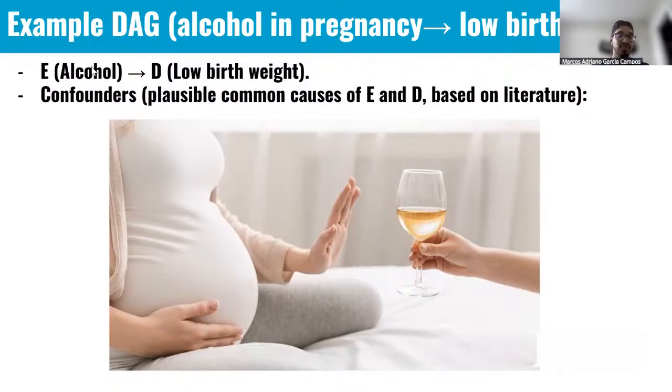So my exposure is alcohol, leading to low birth weight as an outcome. And the confounders will plausibly be common causes of alcohol use and low birth weight at the same time, based on my study of the literature. So I ask you, based on your knowledge, which kinds of confounders cause both alcohol use and low birth weight? Can someone explain to me?